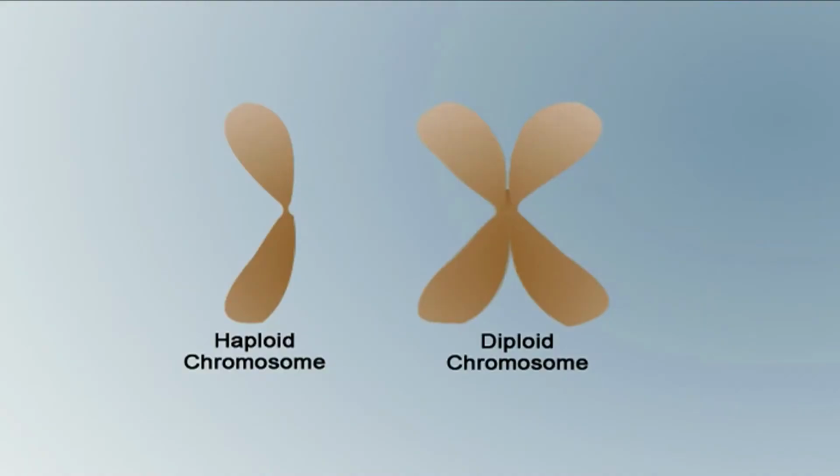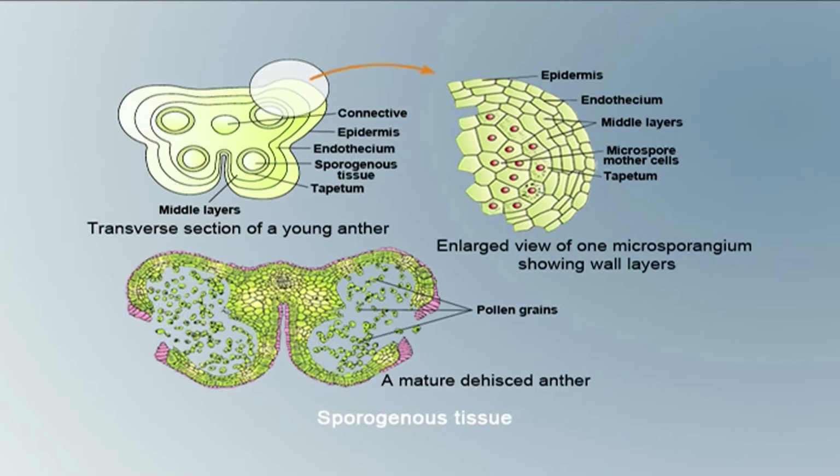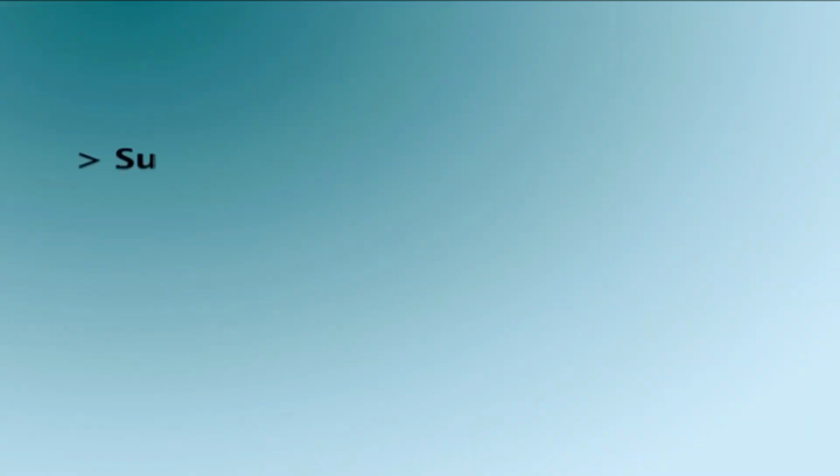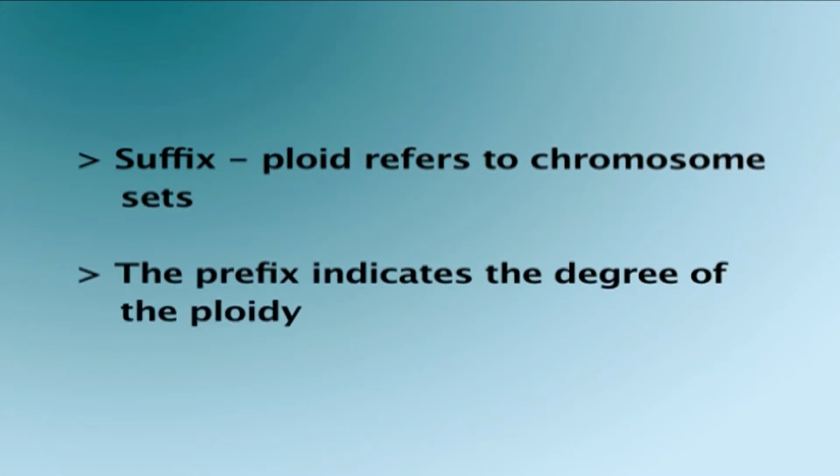In somatic tissue, haploid or diploid counts are usually made on rapidly and synchronously dividing cells, for example, meristems, embryos, and young sporogenous tissue. The suffix ploid refers to the chromosome status. The prefix indicates the degree of the ploidy.